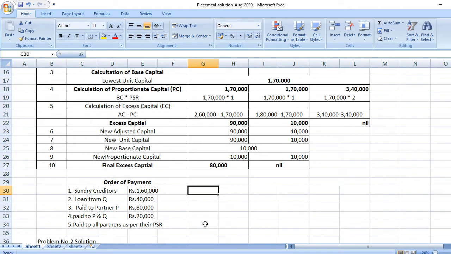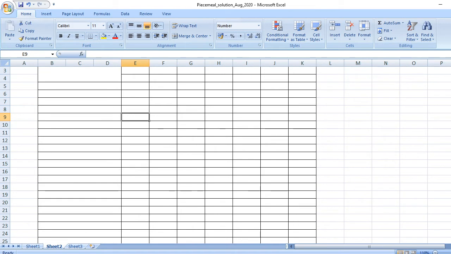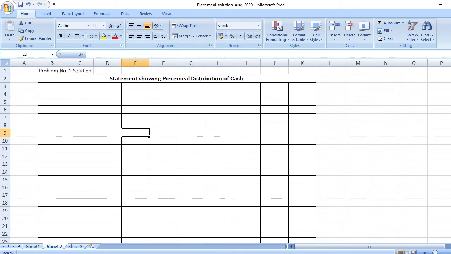Now we will discuss the important part, that is piecemeal distribution of the cash. So we have to study the piecemeal distribution of the cash.